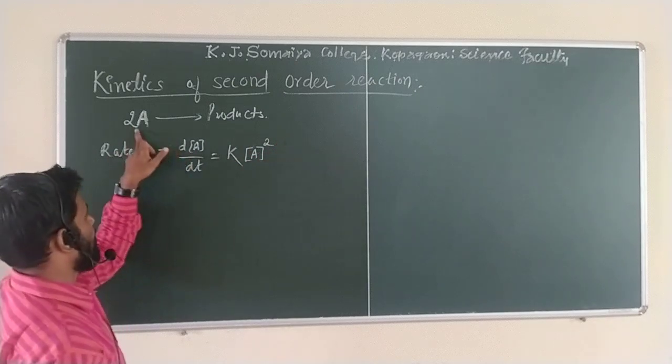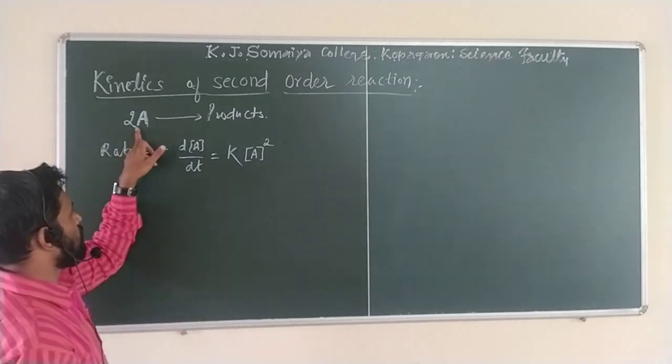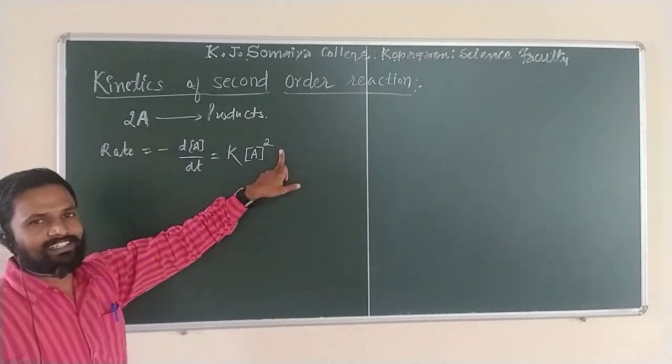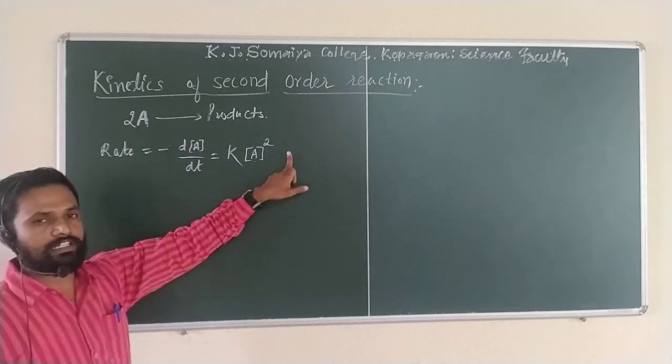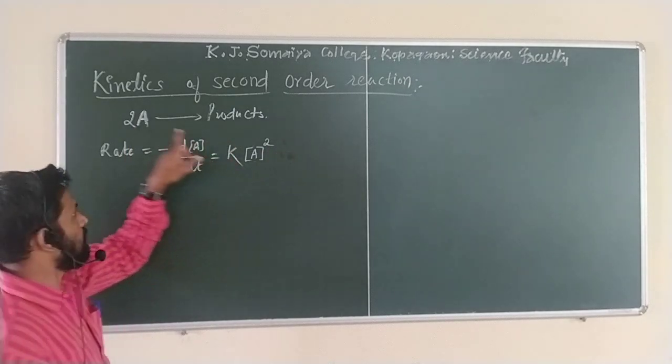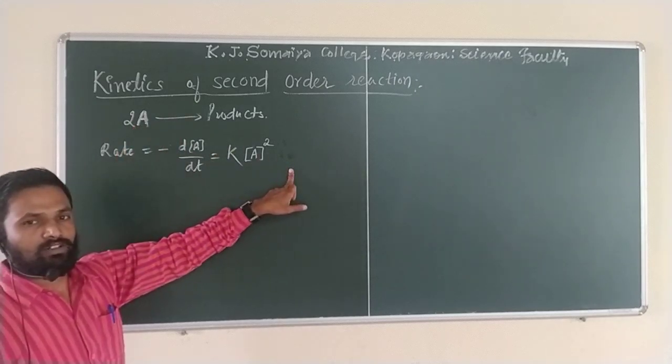But you have to remember that the stoichiometric amount is not always related to the power of the concentration. In finding the order of a reaction, the theoretical stoichiometric amount is not directly related to the order of a reaction.